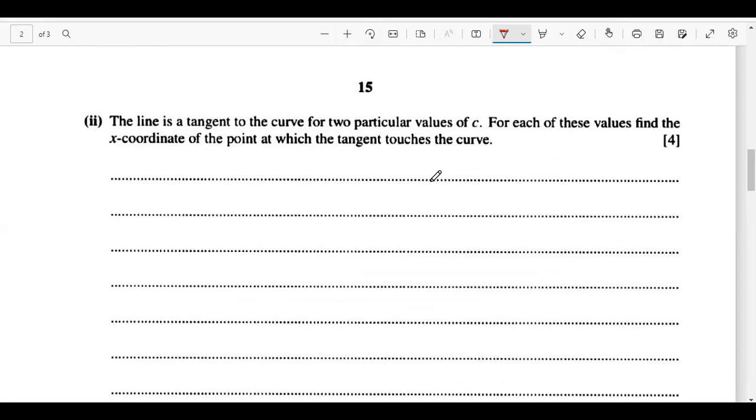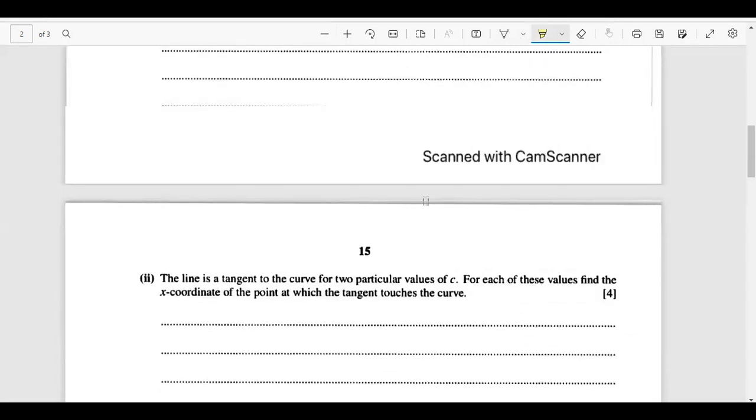So we need to understand the scenario first and then we will solve the question. Again, this part is coming from the previous part.